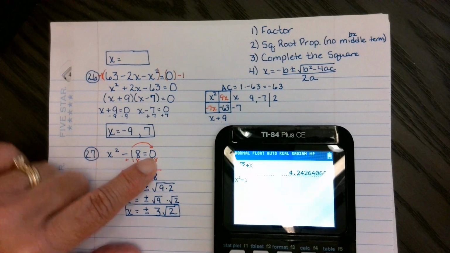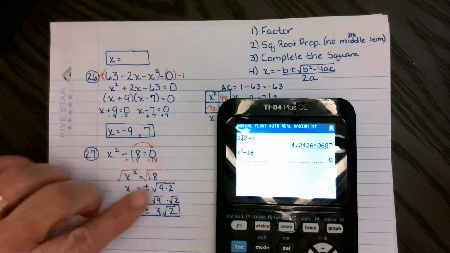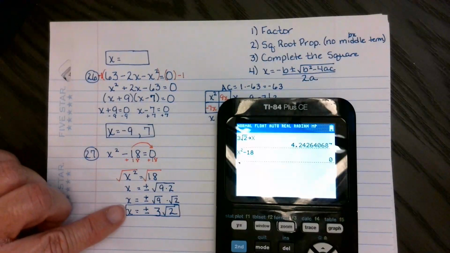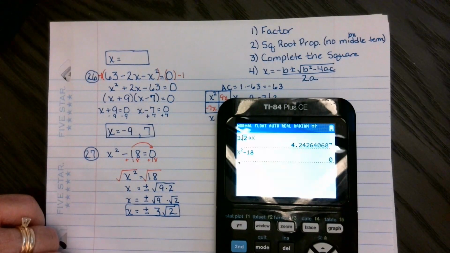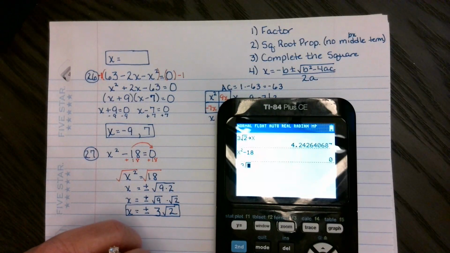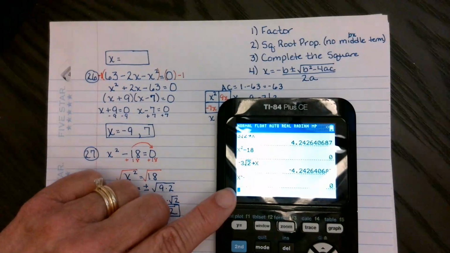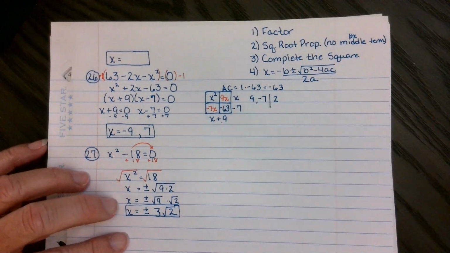And if it's right, it should give me 0. There you go. Sorry about the glare. I've got a light on because it's dark in here otherwise. And I can also check the negative 3 square root of 2. Store that under x. Bring that back up. And I still get 0.